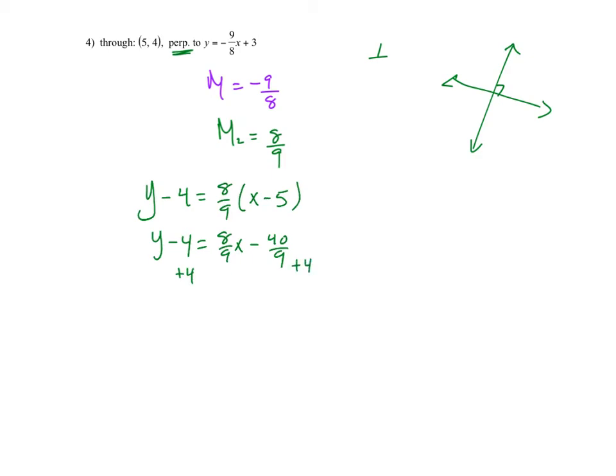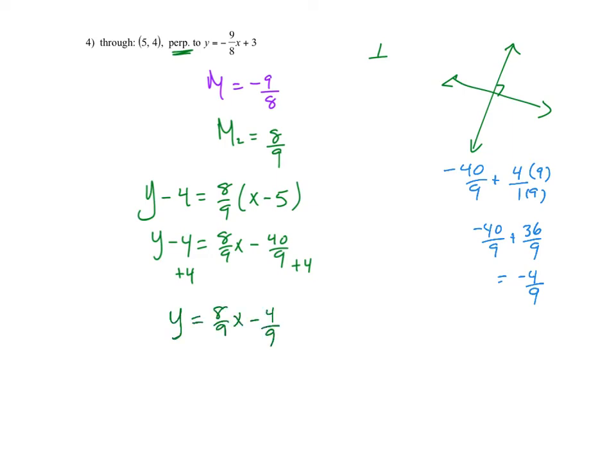So I have -40 over 9 plus 4. Remember that I need to find a common denominator. That's 9. So -40 over 9 plus 36 over 9, and that equals -4 over 9. So I have y equals 8/9 x minus 4/9.